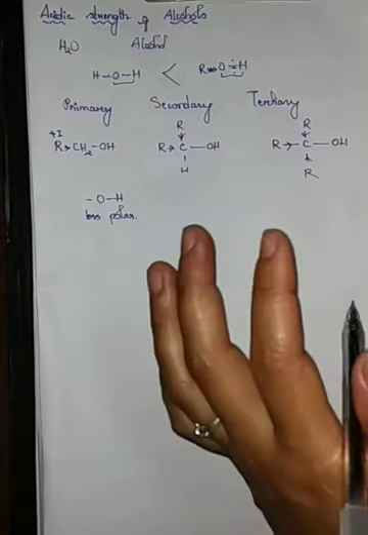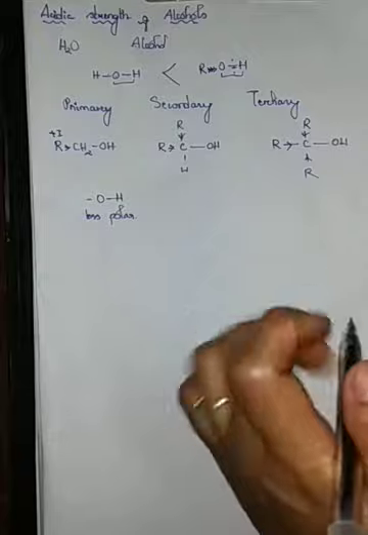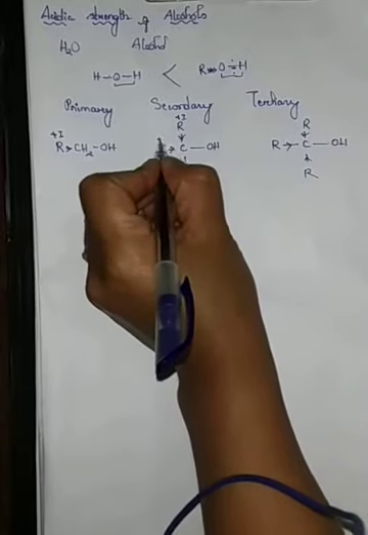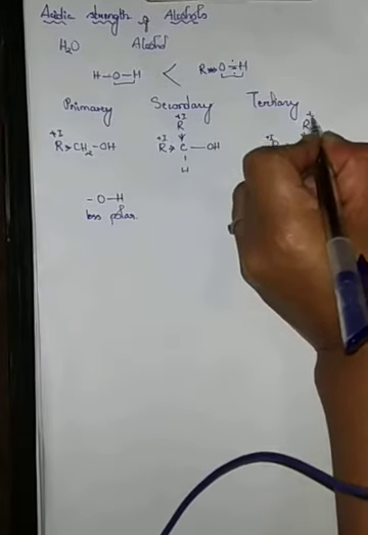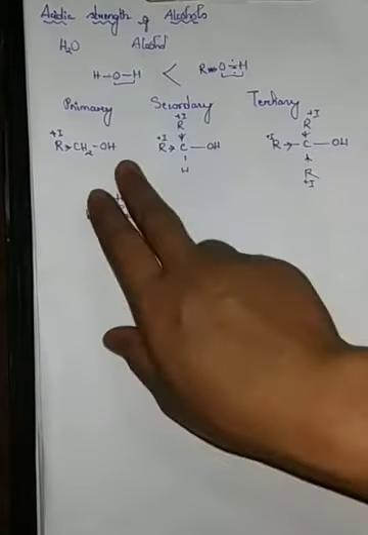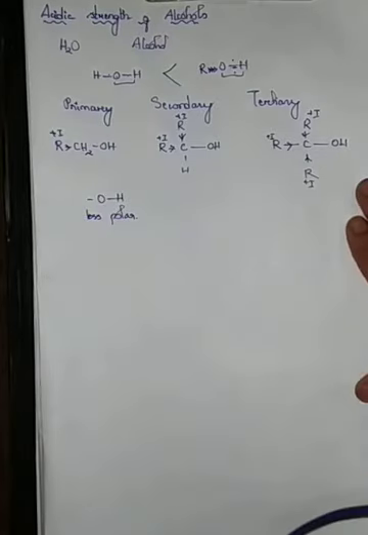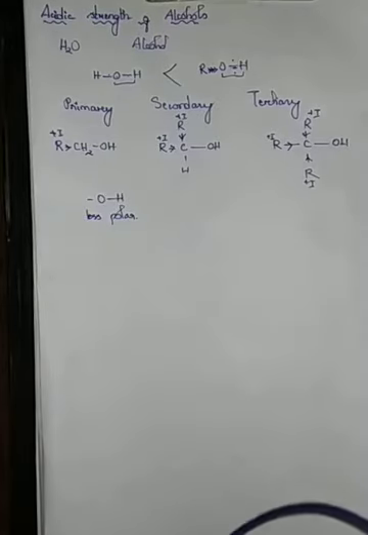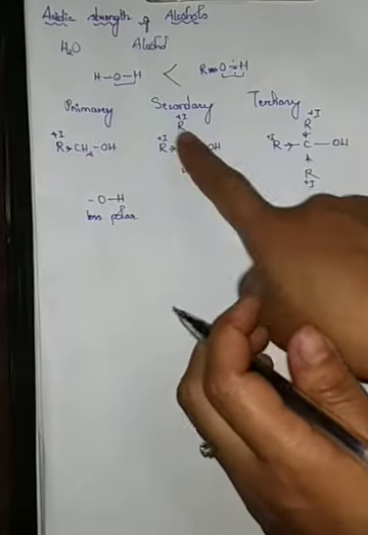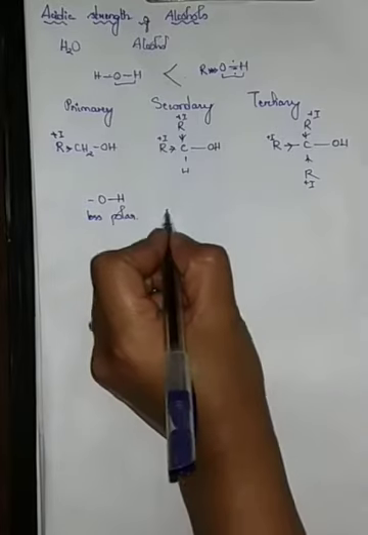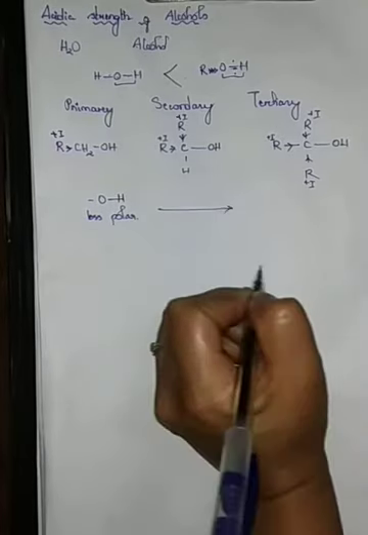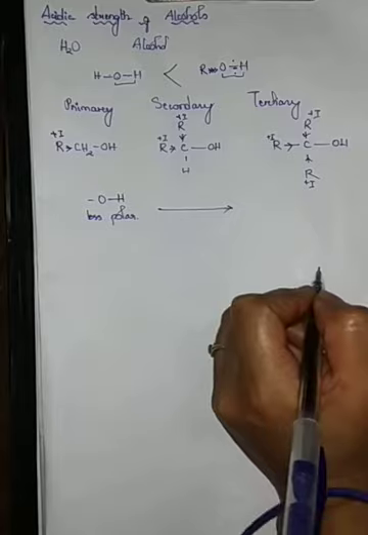Now we see here that the plus I effect is increasing; the electron releasing tendency increases as we go from primary to secondary to tertiary alcohols. Hence, the breaking of the OH bond becomes more and more difficult in going from primary to secondary to tertiary alcohol. Thus the acidic strength decreases.